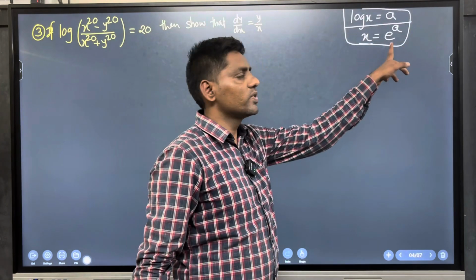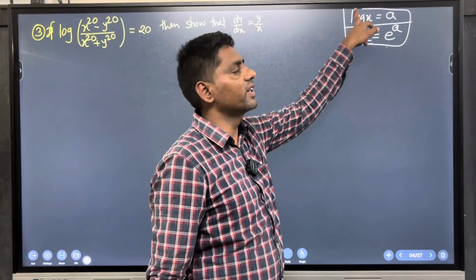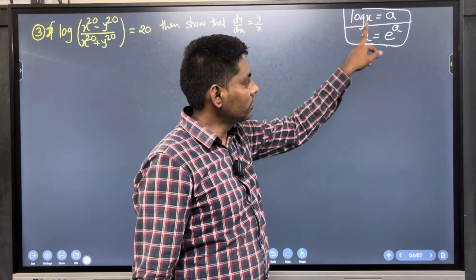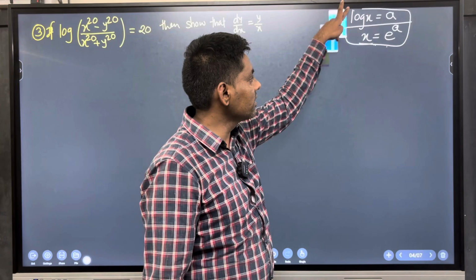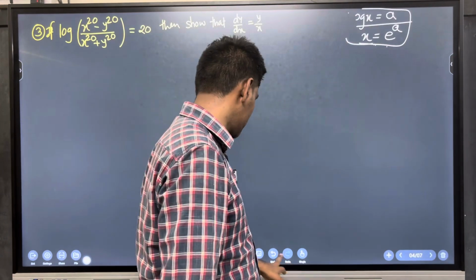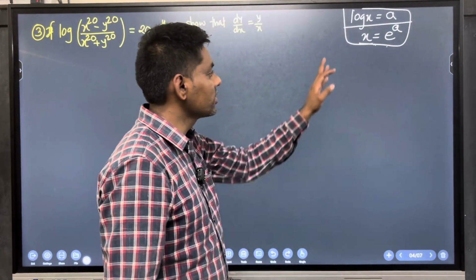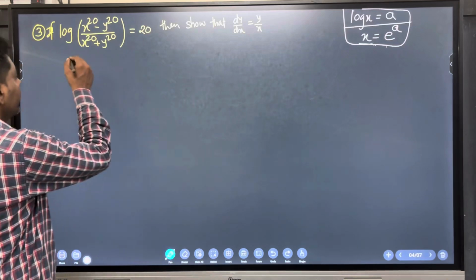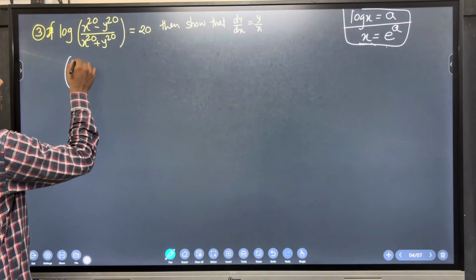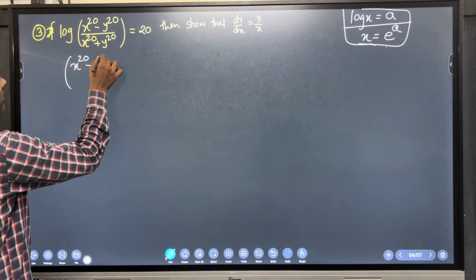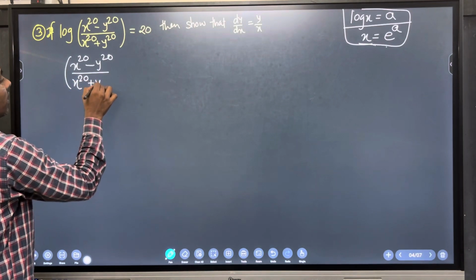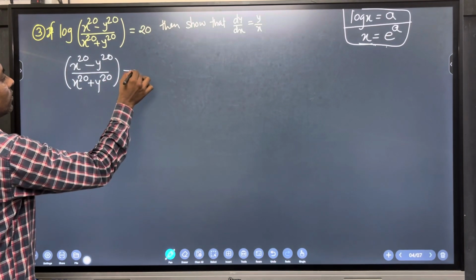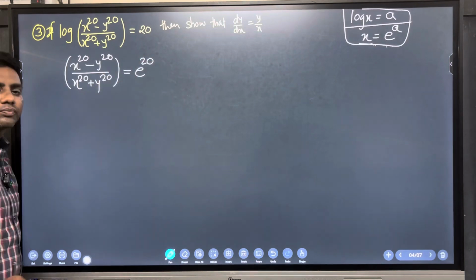If you solve this by taking log on both sides, you will get the answer as it is. So solve using this formula. So what we get as the answer of this bracket: x raised to 20, y raised to 20, then x raised to 20 plus y raised to 20 equal to e raised to 20.